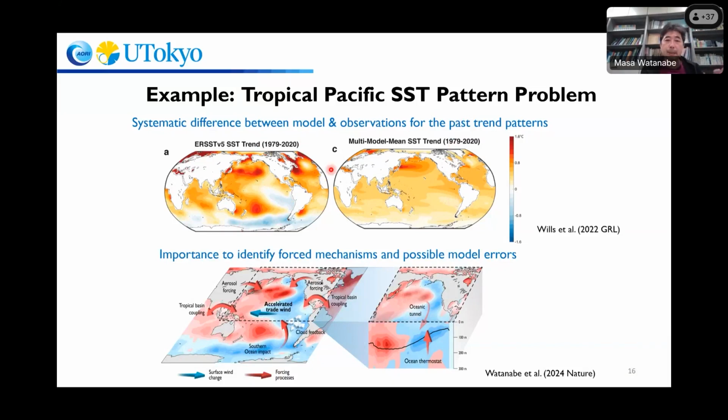So given this model-observation discrepancy, we identified possible forced mechanisms that act to cool the eastern Pacific against the greenhouse gas warming, and then detected the model errors which prevent the GCMs from reproducing the observations.